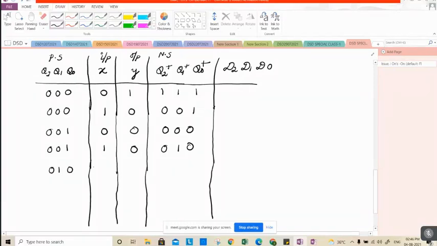So 0, 1, 0 with 0 and with 1. Next 0, 1, 1 with 0, and 0, 1, 1 with 1.